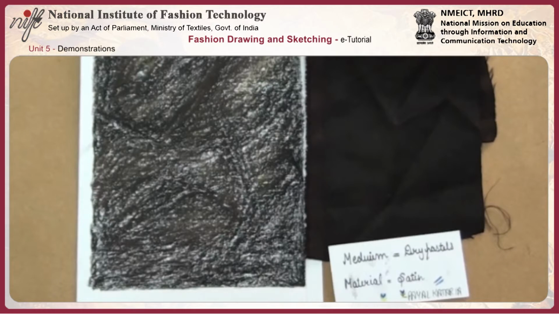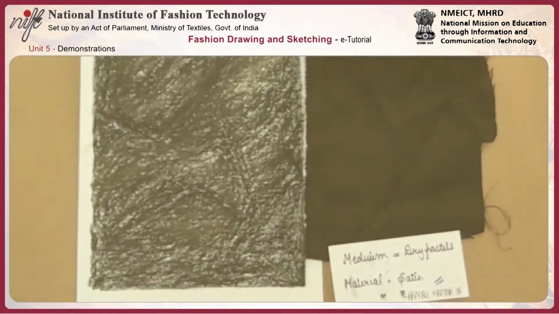Here you can see that the illustrator has rendered satin fabric using dry pastels. But unlike the previous illustration, here you don't see much highlights or the folds of the fabric. So it's up to the illustrators to decide on how you would like to render your materials.